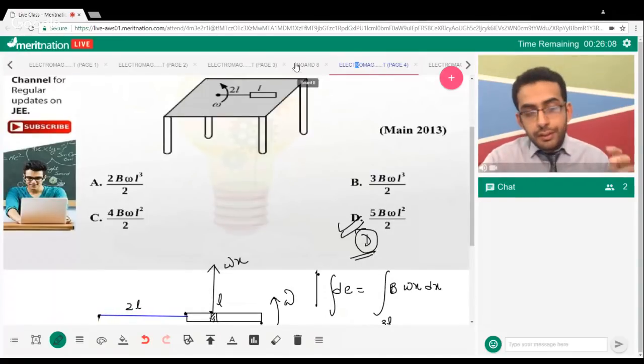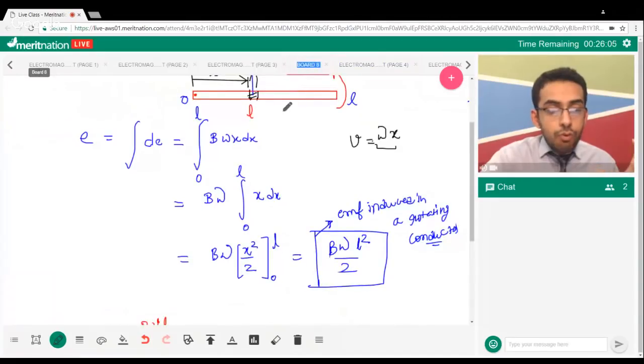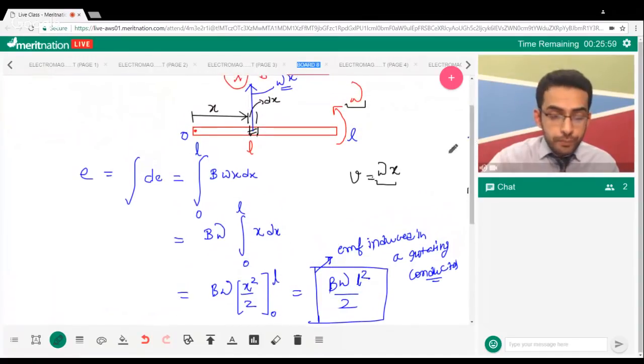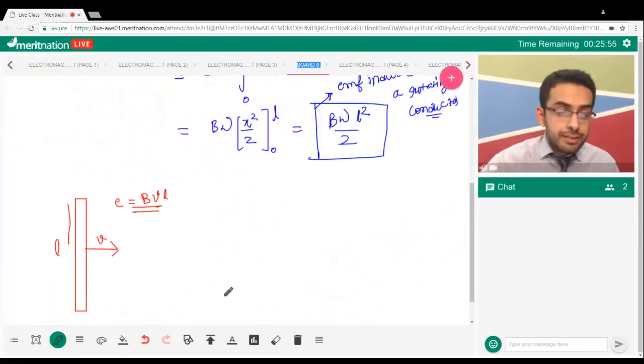So dear students, if you observe the direction or polarity of this induced EMF, you should understand that the EMF induced is such that it behaves like a battery.